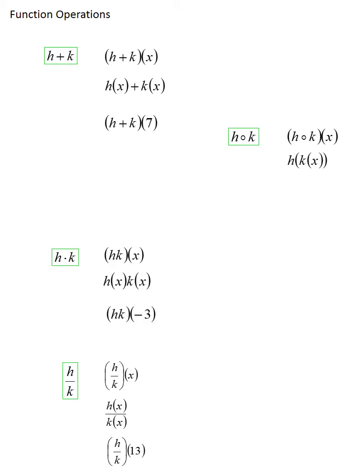That is a composition, so keep your eyes out for that one. If you saw h composed with k of 2, it would mean to do the composition h composed with k just like we did, and then when done, substitute an input of 2, work it out, and get a numerical answer.